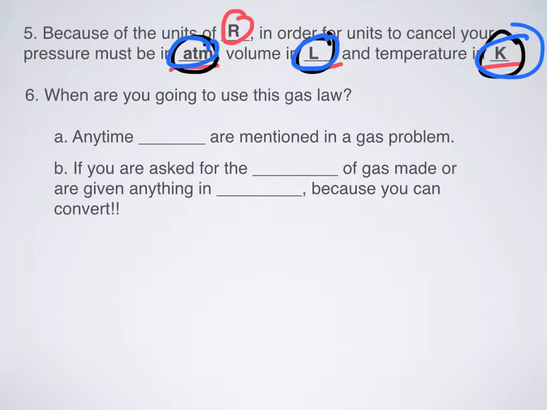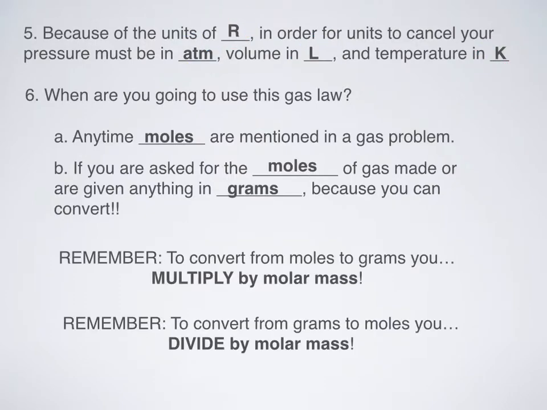So when are we going to use this law? The last time I said anytime you had different pressures, temperatures, or volumes, we were going to be using the combined gas law. Well, this is our other important gas law. The only time we're really going to be using this is anytime it mentions moles or if you're asked for moles or grams of something. Why? Because PV over T does not have moles in it.